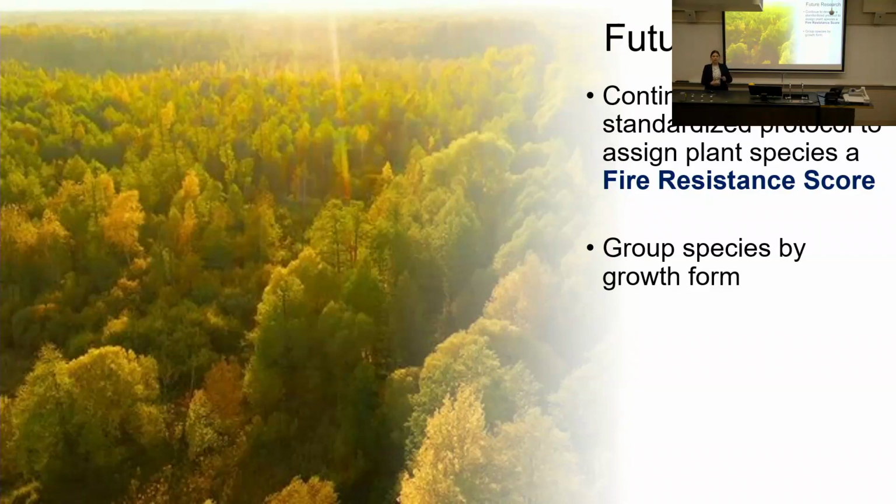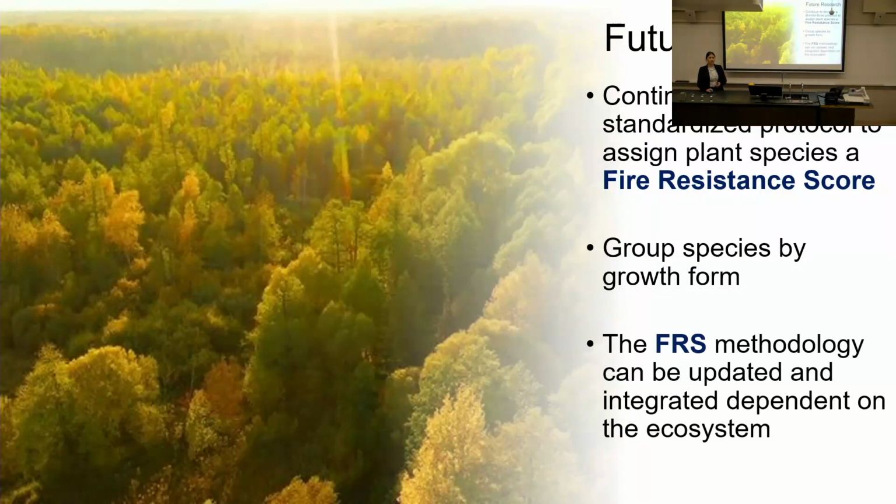So again, it's not that shrubs are not able to survive fire. It's just they have different strategies that are not consistent with that fire resistance. So further work to be conducted with this.